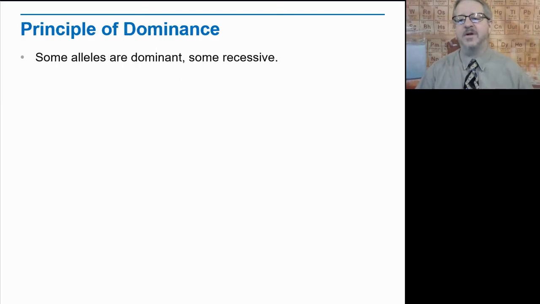This is actually Mendel's second conclusion, the principle of dominance. Basically, it tells us that some alleles are dominant and some are recessive. And as I just explained, dominant means it's going to be displayed in the offspring over the recessive version of the allele.